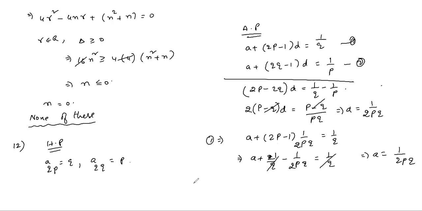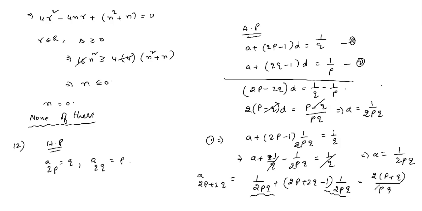So we have to find the (2p plus 2q)th term. The (2p plus 2q)th term equals first term 1 by pq plus (2p plus 2q minus 1) into the difference 1 by pq. So the 1 by pq and minus 1 by pq cancel, leaving 2 into (p plus q) by pq. The 2 will cancel.